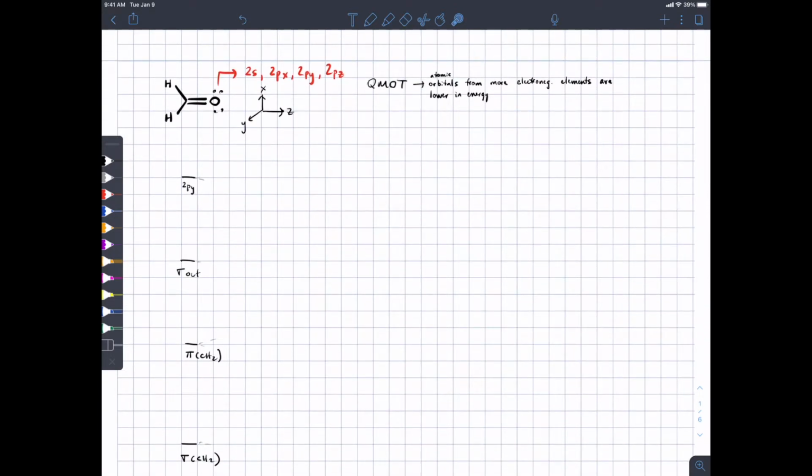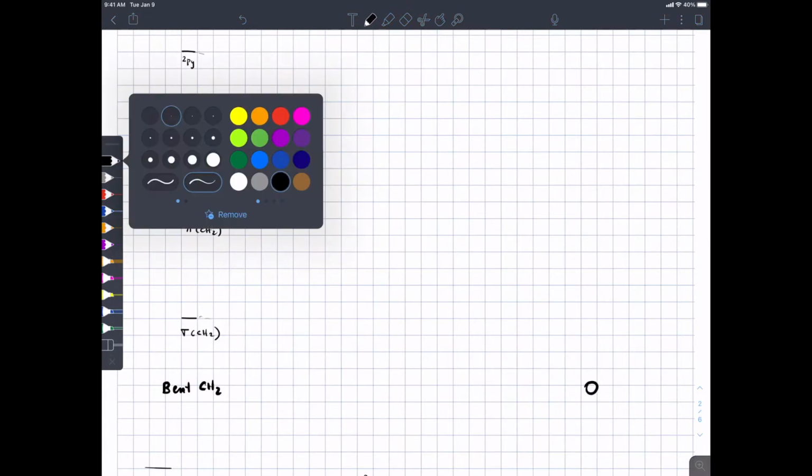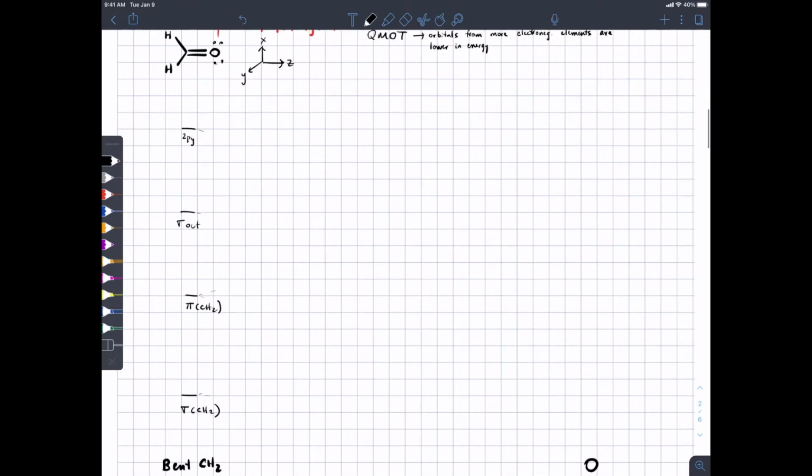So that means for the 2px, 2py, and 2pz for oxygen, if this is the 2py for bent CH2, then we're going to expect the p orbitals from oxygen to be substantially lower in energy. So let's put them here. Say the 2px, the 2py, and the 2pz.